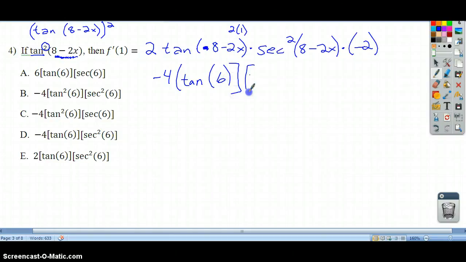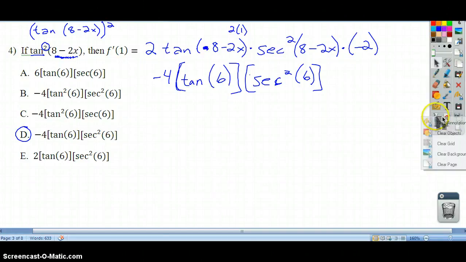And then the secant squared of the same bit, 6. That's a bracket. Okay, so negative 4, tangent of 6, secant squared of 6. And make sure that your squares and your tangents and secants are all right, and we look at D. Okay, moving right along.